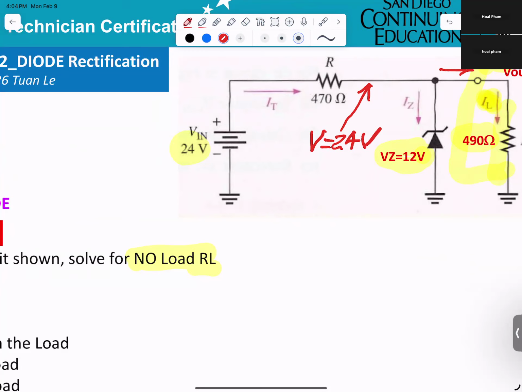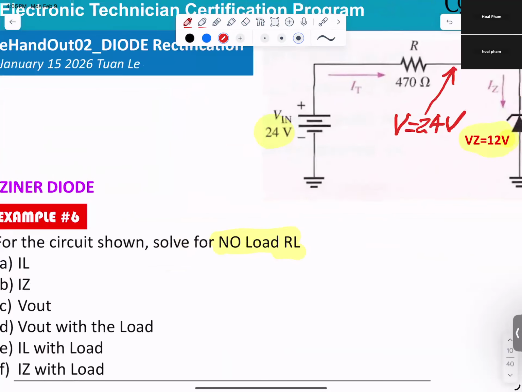Break down means you get 24 volt there. No, sorry, 12. Yeah, go back there, 12. Okay, what is IL?